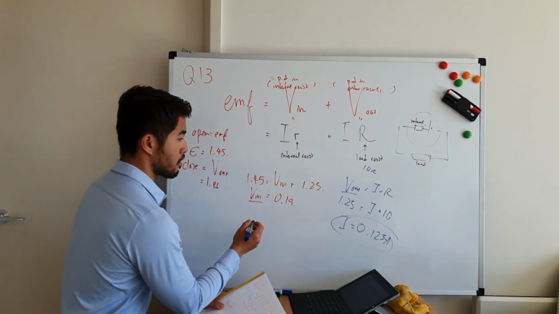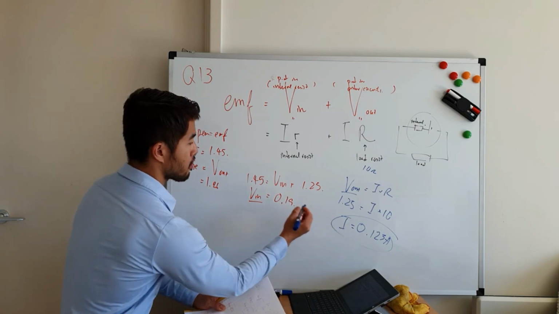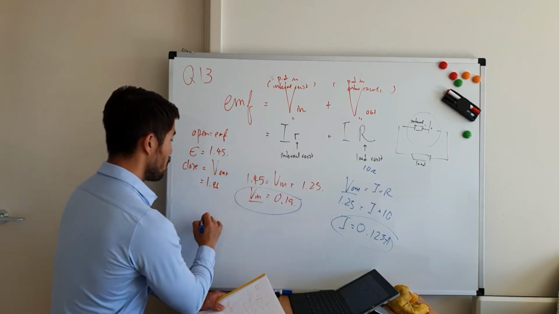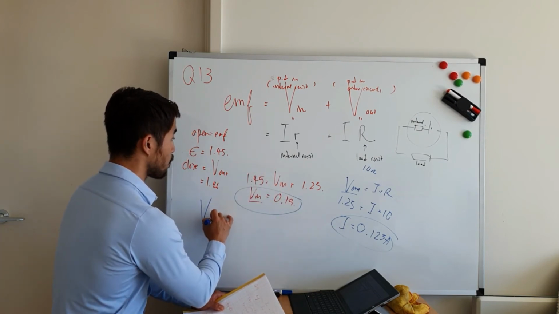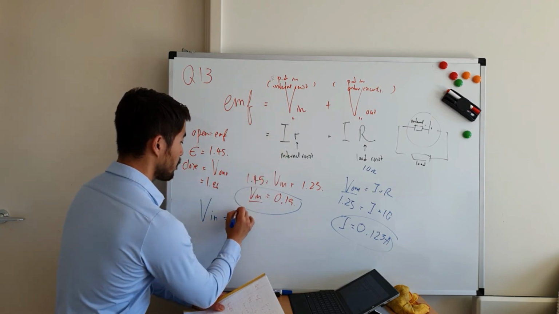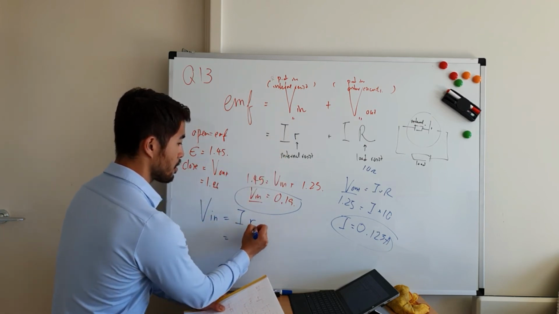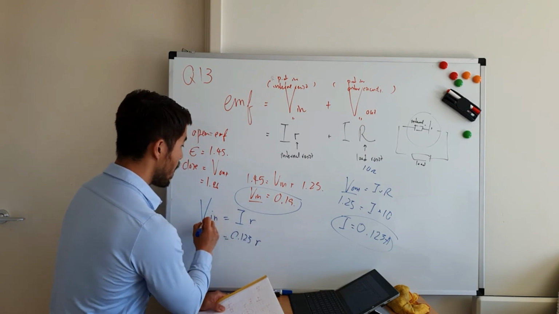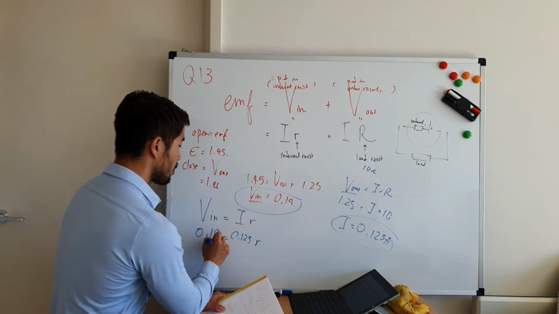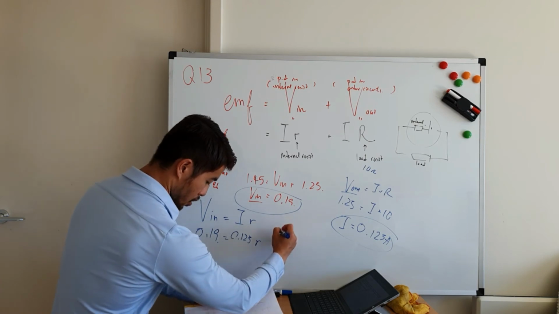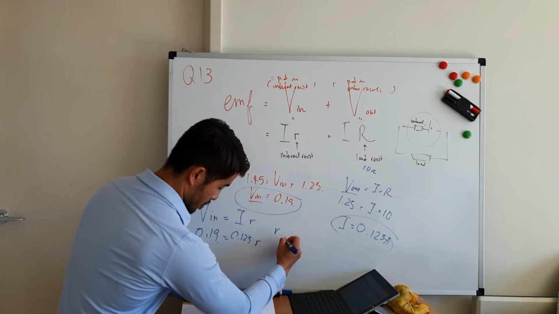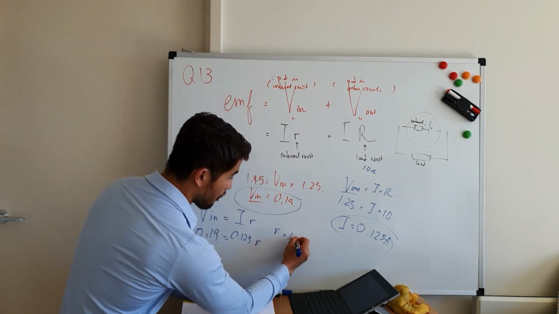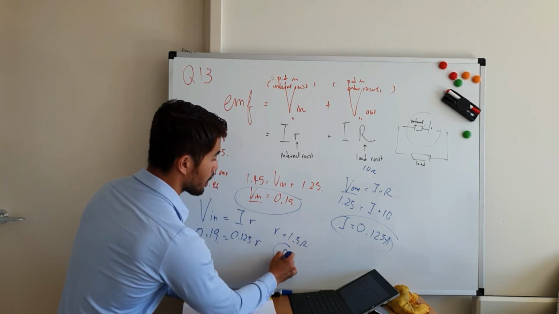We know V in, so we can put it back into this equation. V in equals IR, R being the internal resistance: 0.125, and V in is 0.19. So R is going to be 1.5 ohms. So the answer is D.